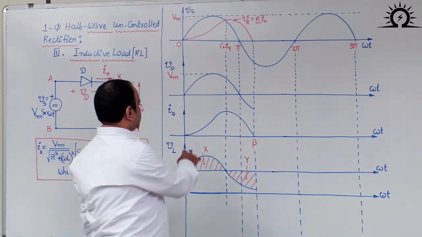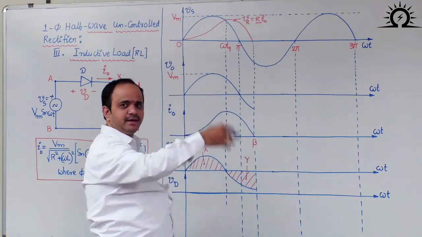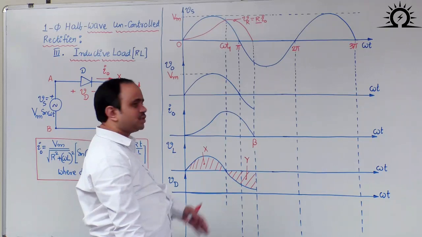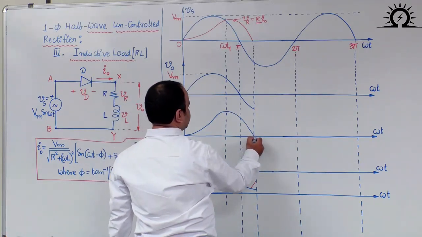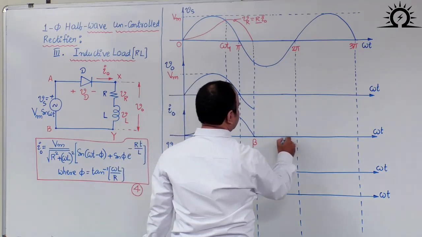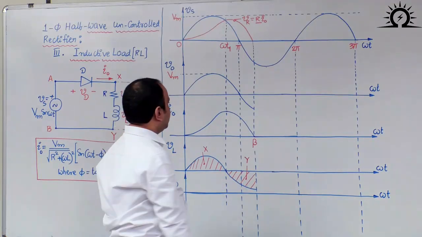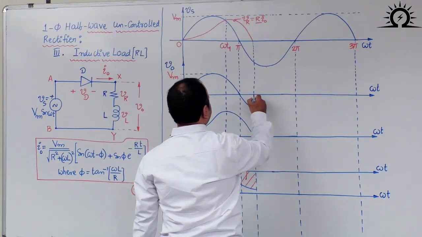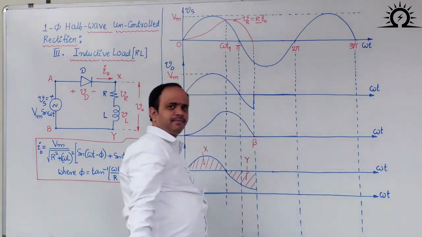So this is the beta concept. The detailed mathematical explanation is what we just discussed. At this instant, as the diode is turned off, current will be 0 until the devices start conduction again in the next cycle. Therefore, voltage across the load is also 0.